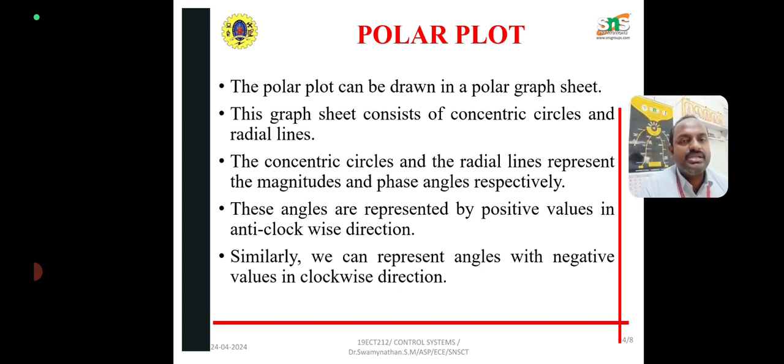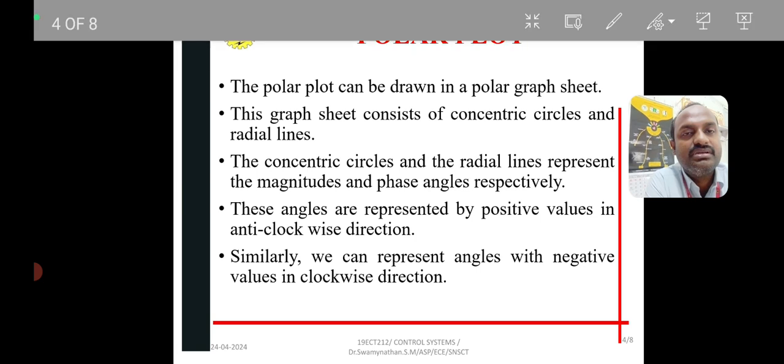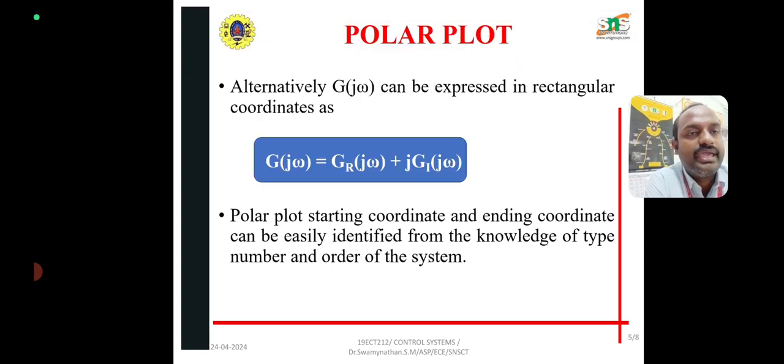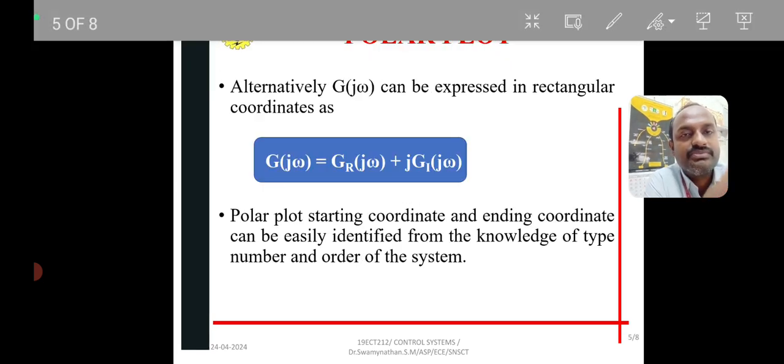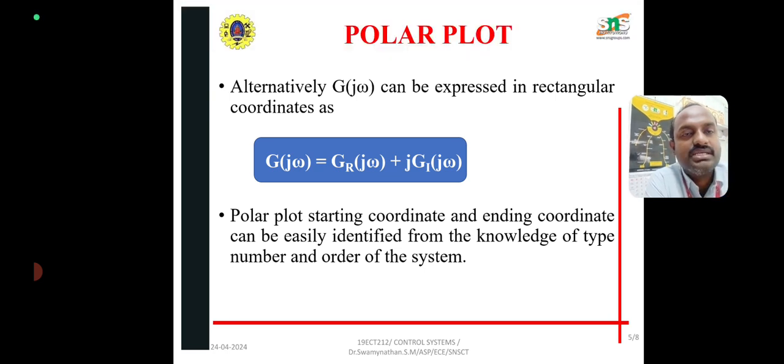Another important point to know is that the values in the anti-clockwise direction, as you can see here, are positive. Anti-clockwise means the reverse side, from left to right, and the clockwise direction means from right to left. That is an important point.